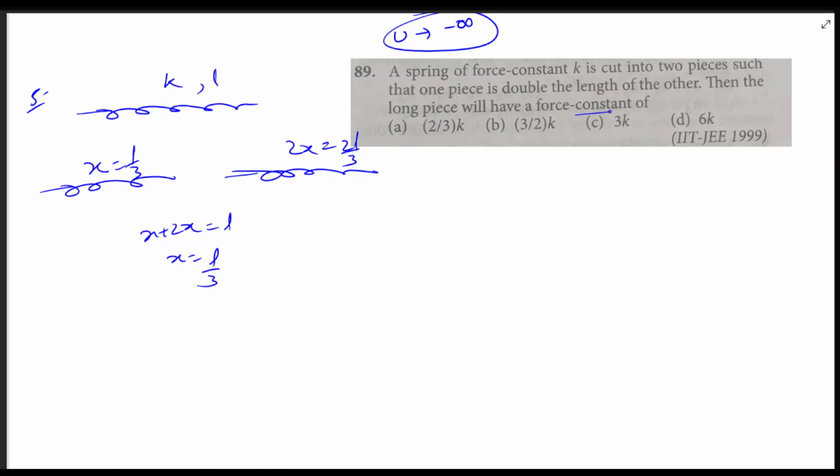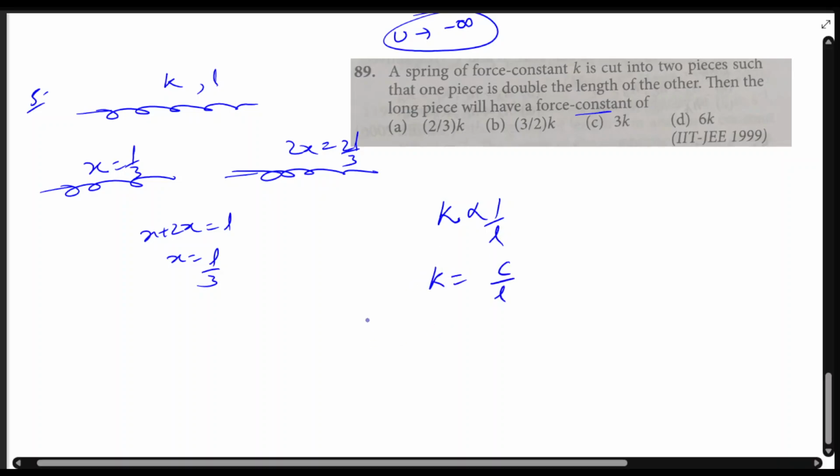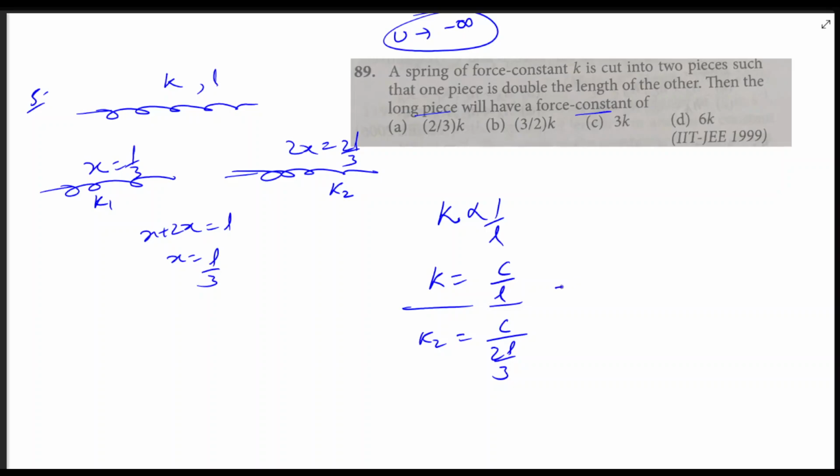The long piece will have what constant? We know spring constant is inversely proportional to length. So we can write K equal to C by L. Now let's say this is K2, this is K1. So K2 will be C by 2L by 3, right? Now we have to find the spring constant of the long piece, which is K2. So just divide them.